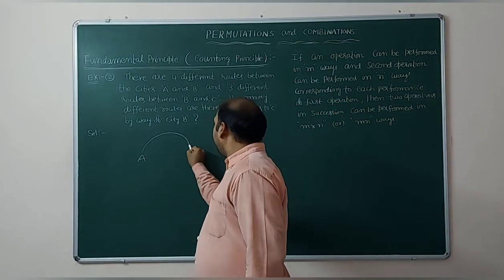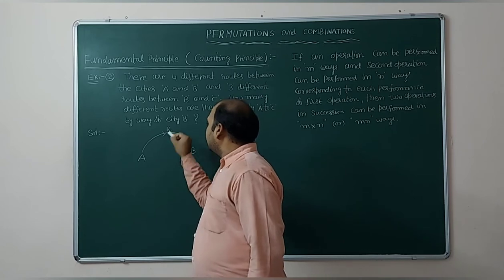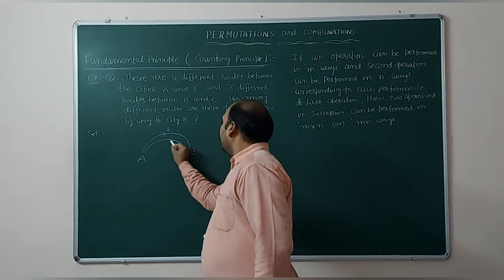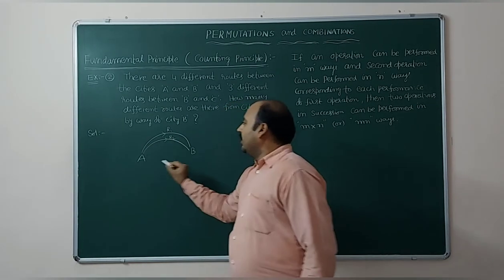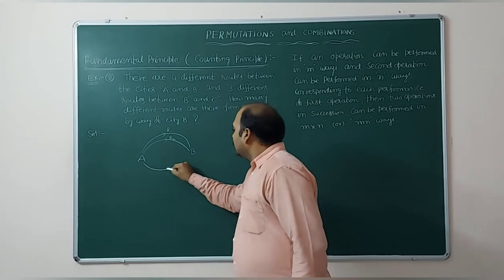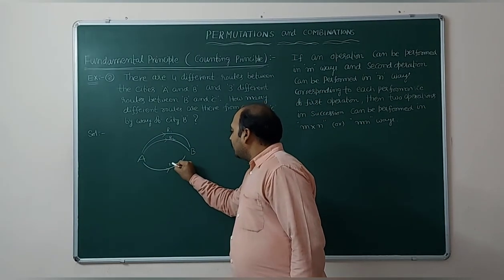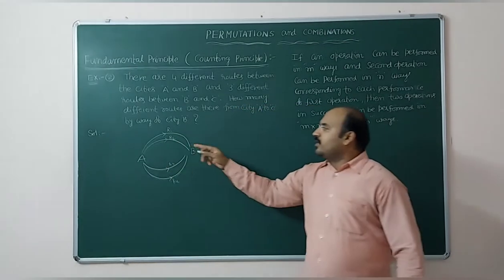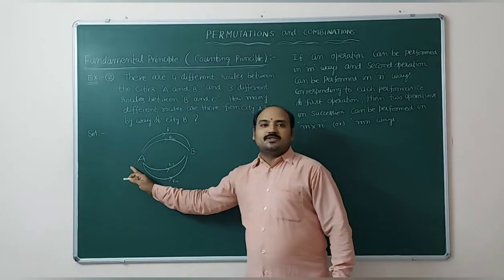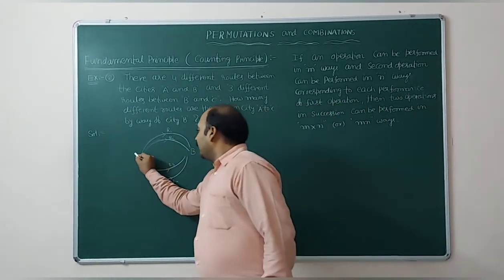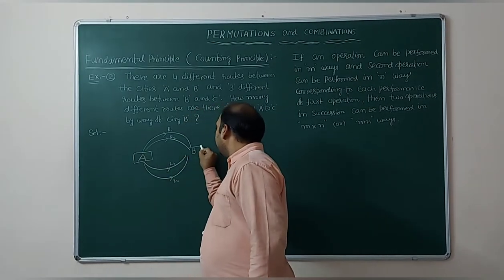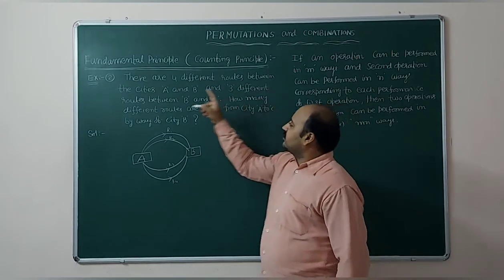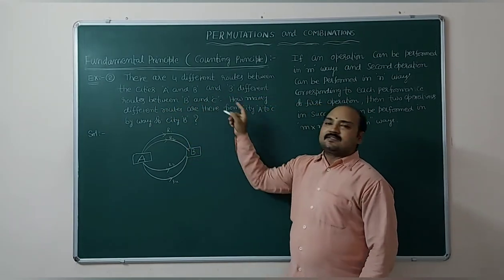Here I am representing capital R1 as the first route between A and B, capital R2 as the second route, the third route capital R3, and the fourth route capital R4. There are 4 different routes between the 2 cities A and B. Observe carefully, dear students. One more piece of information is given: 3 different routes between B and C cities.